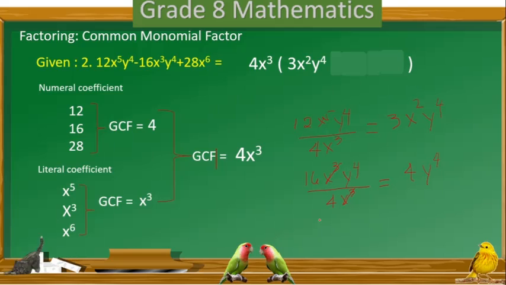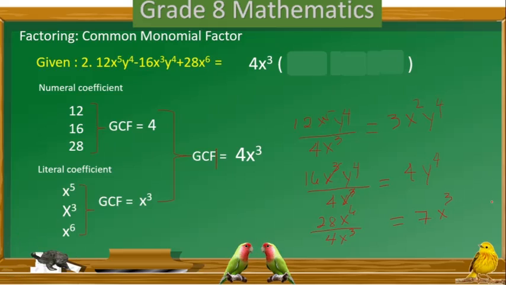Then the last one is 28x to the sixth divided by 4x cubed. 28 divided by 4 is 7 and x cubed.